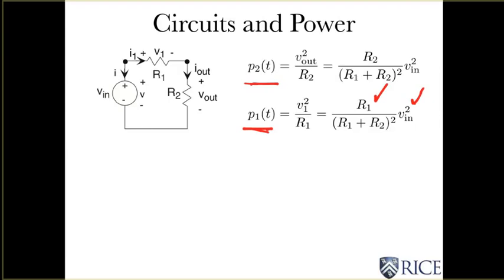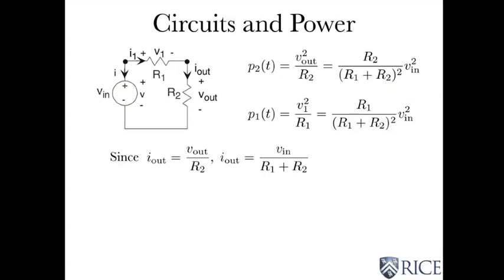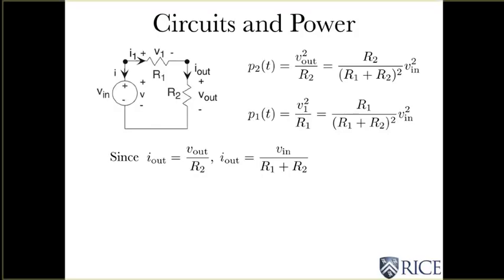So let's see what's going on with the source. Now, the output current is what we need. We have the voltage V, that's just given by the source, and we need to find the current I that's going in. Well, for a series combination, I think it's pretty clear that I1 equals I out, and that I is equal to minus I1.